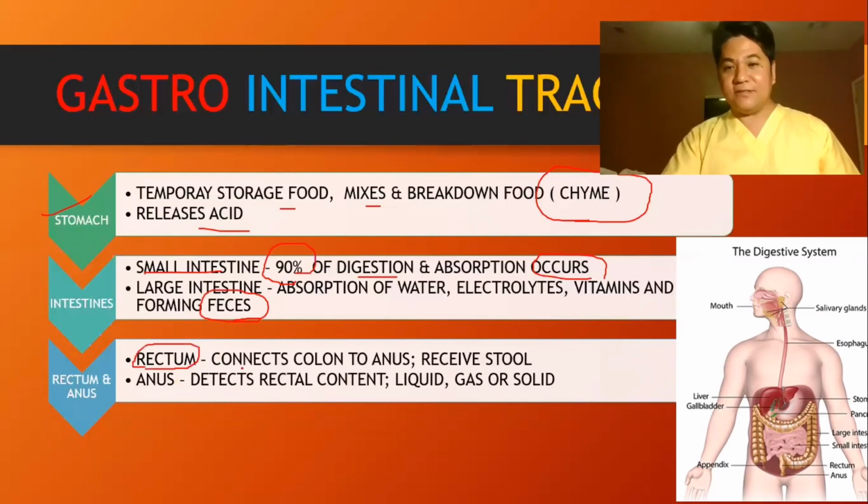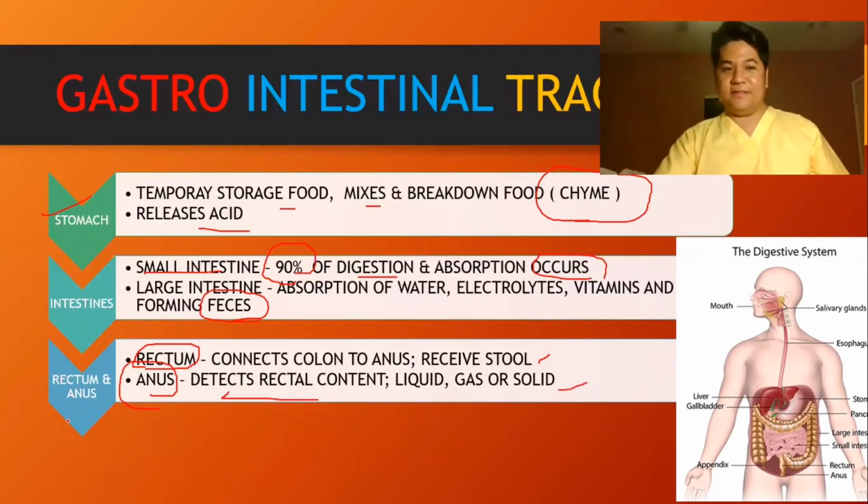When the stool is developed, the rectum receives it, whether it's liquid, gas, or solid, and then it will send a signal to your anus. It will then be eliminated. So that's for your rectum and the anus.